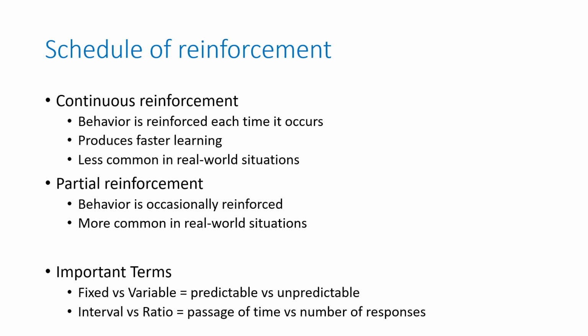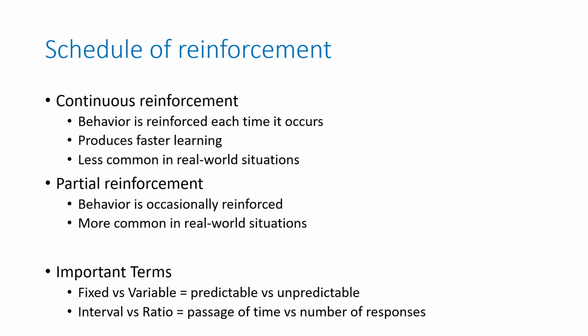And this can produce fast learning, but it's not really common in a real world situation. We do that in a laboratory, but normally you don't receive a reward every single time you do something. So more often we have a partial reinforcement, where behavior is occasionally reinforced. And so this is what's more common in the world.